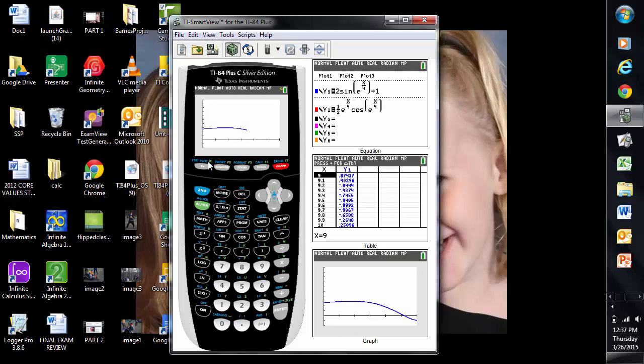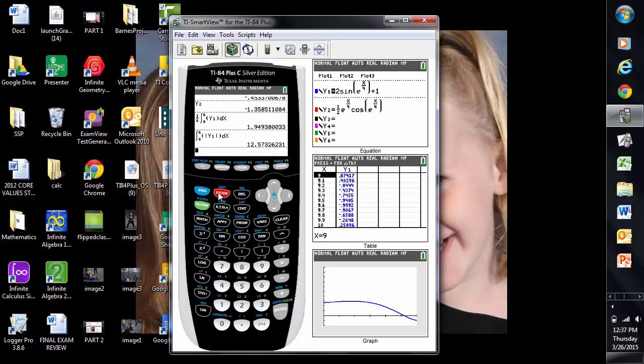Wow, it's slow. So I want to find that 0, second calc 0, left bound, enter, right bound, enter, enter. 5.1955. So I want to integrate from 0 to this point.